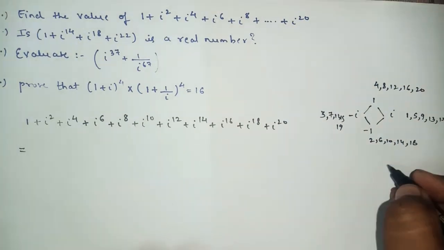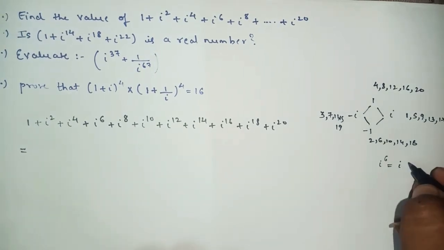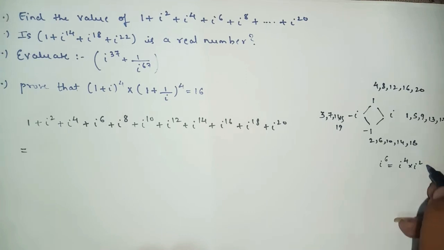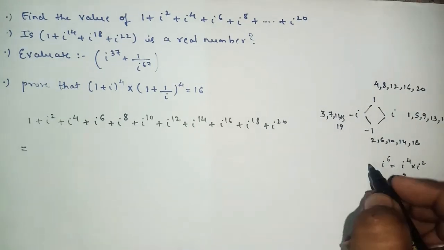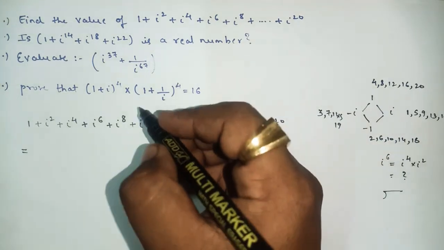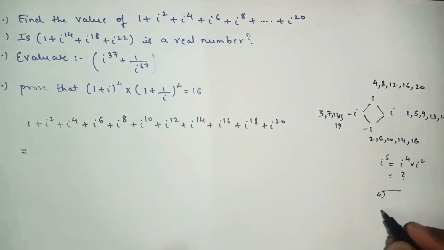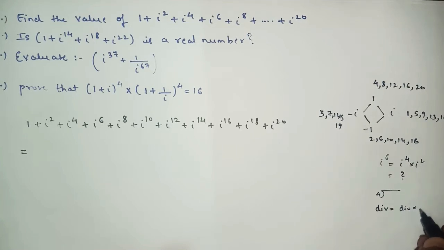The second method is what? You can break the number, like I raised to 4 into I square, substitute the value of I raised to 4 and I square, where you will get the value of I raised to 6. This is the second method. And the third method is what? Dividing the power by 4, that means using the formula dividend equal to divisor into quotient plus remainder.